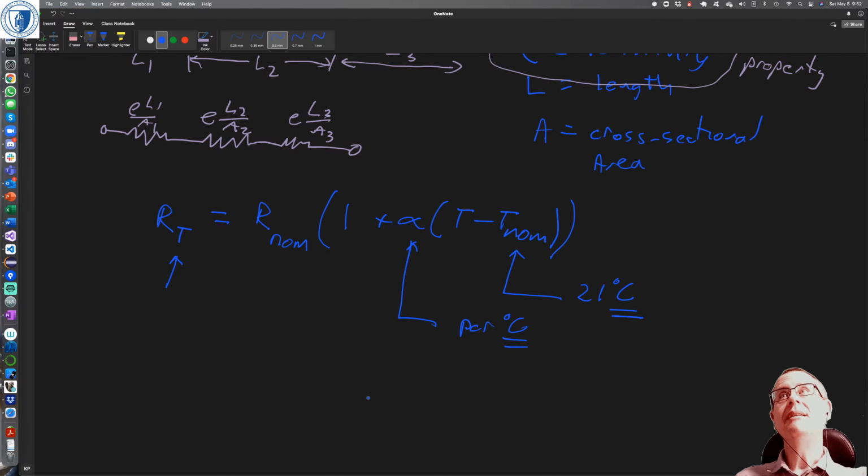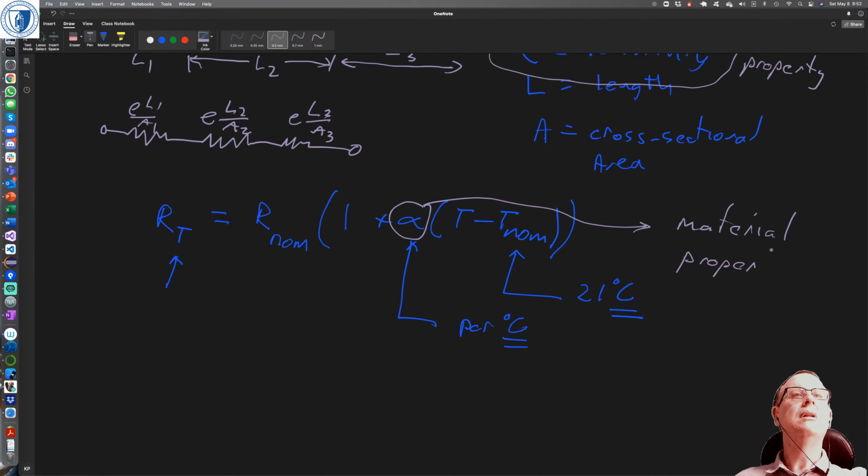And once again, that alpha value this time is a material property. It changes depending on the type of material the resistor is made out of. Sometimes alpha can be negative.